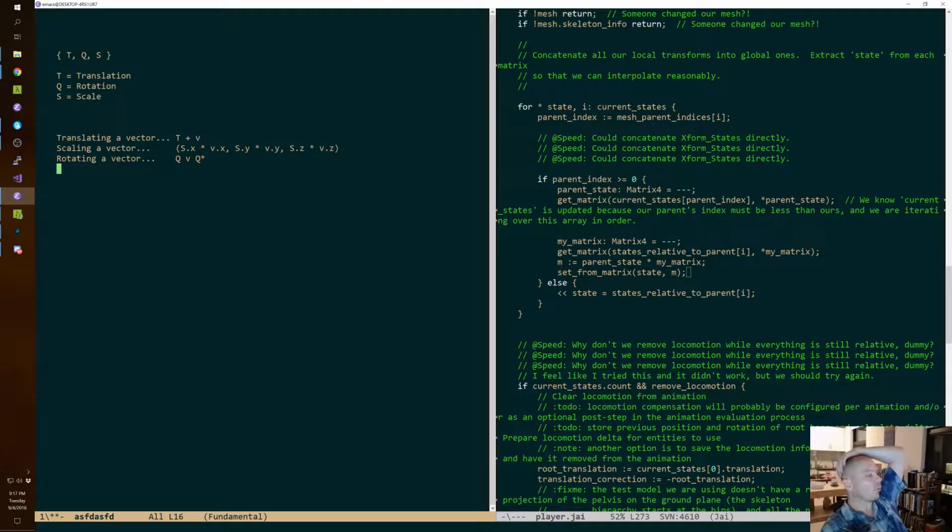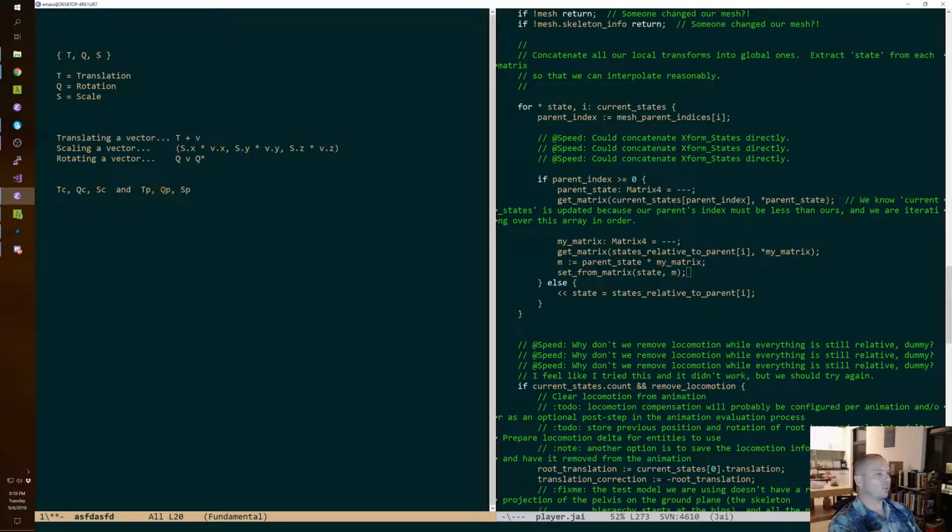So maybe we don't expand that if we do the algebra, right? So basically we want to compose these, right? So we have a parent state and we have our state, and we basically want to say if we have t child, q child, s child, and t parent, q parent, s parent, right?